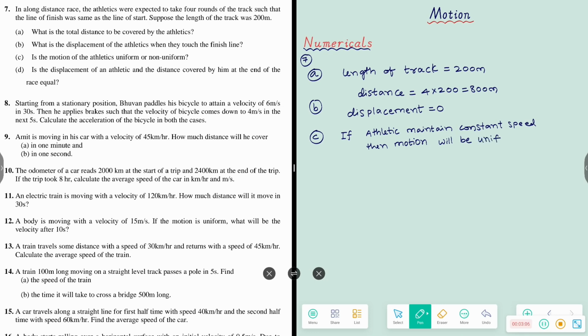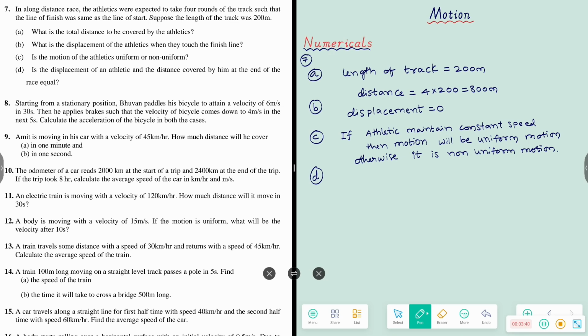Uniform motion. They cover equal distances in equal intervals of time. Otherwise, it is non-uniform motion. Hope you understood this.